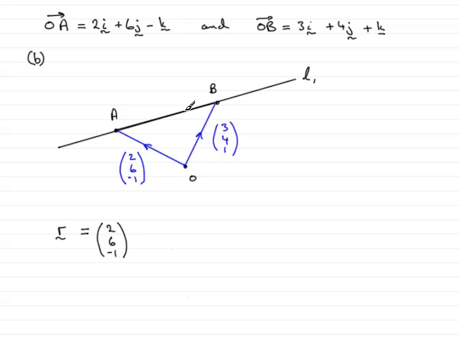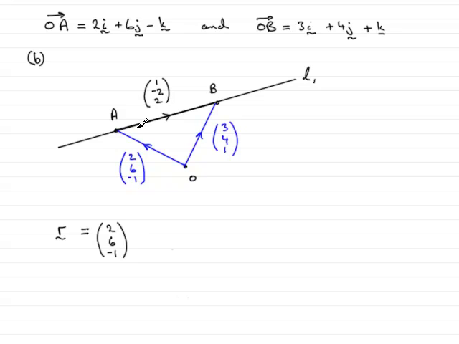Now, to have a direction vector that's parallel to the line, we might as well use the vector AB. So if I mark that vector on A to B, and we found that in the first part to be the vector i - 2j + 2k, so I could write that in as (1, -2, 2) as the direction vector.